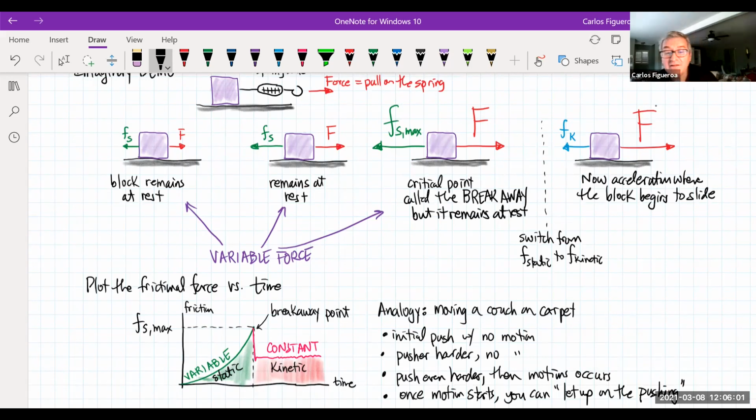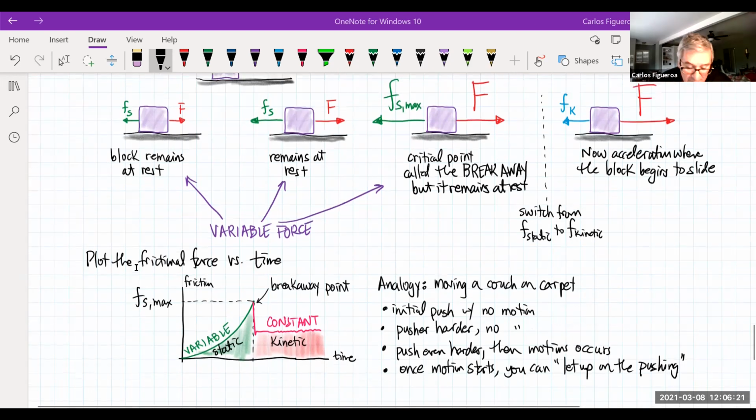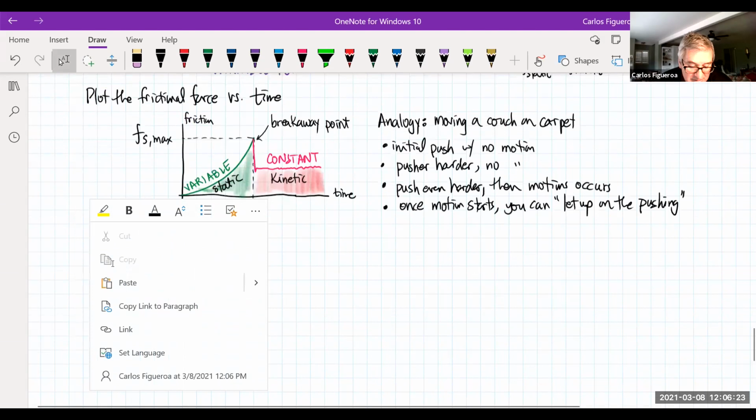And that's telling you that there's now less push required to keep it moving here. So what I've done here is I've tried to give you a sense of how we know that friction is occurring, but I haven't given you any physical picture here. So let's go to this thing here.